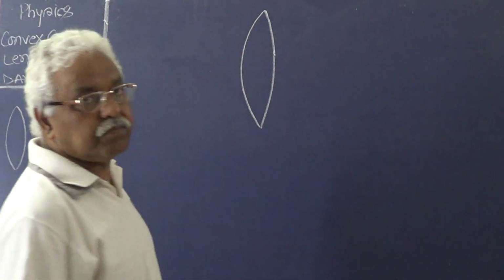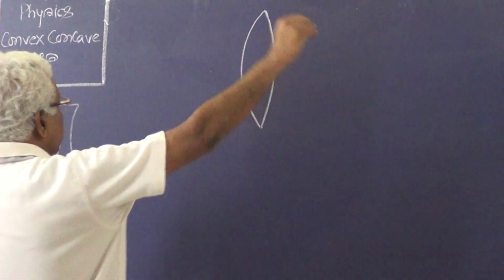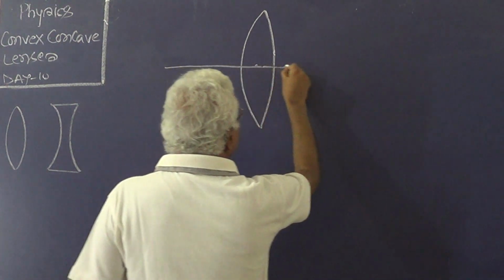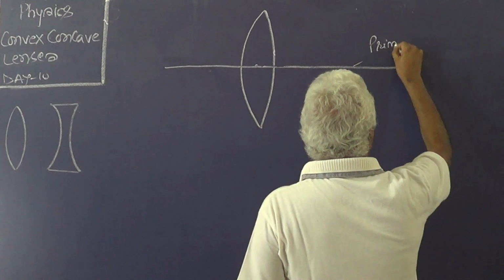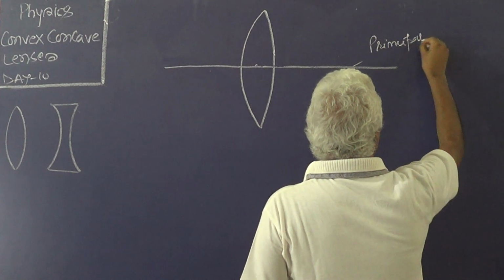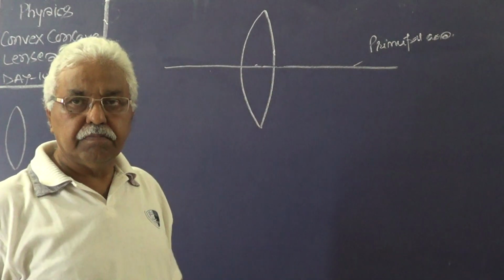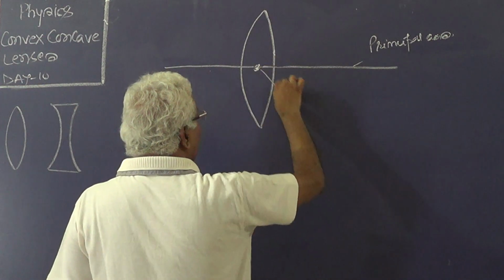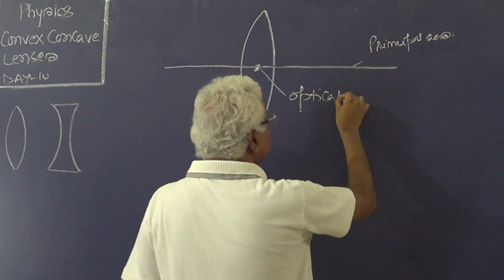It is your convex lens. Here, it is the principal axis. This point is the optical center.